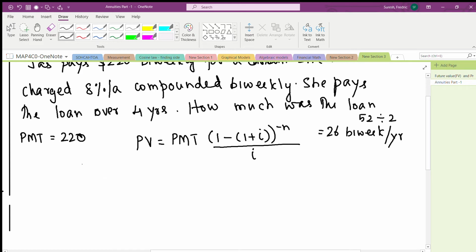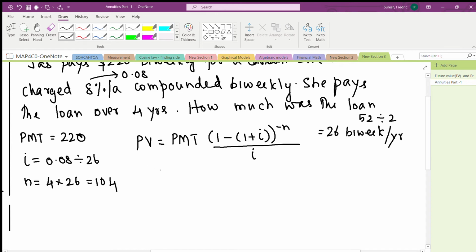So the interest rate, the I value, after you change it to a decimal, you get that decimal number first, and then you have to divide that by 26. And the N, it is done over 4 years, so you have to do 4 times 26, put that into your calculator. 4 times 26 is 104.